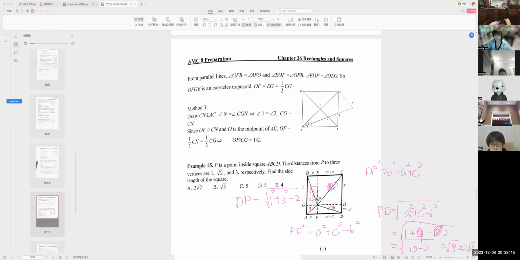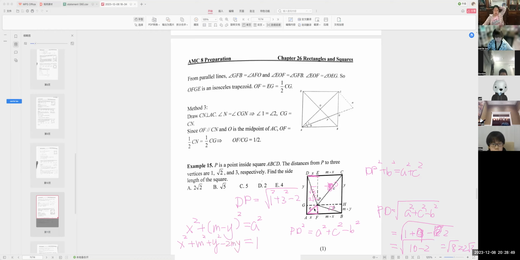Why we can do that is because if you have them, you can directly use the Pythagorean theorem. So x squared plus (m minus y) squared equals a squared. Let's just put it here. For this triangle, which equals 1, so equals x squared plus m squared plus y squared minus 2my.